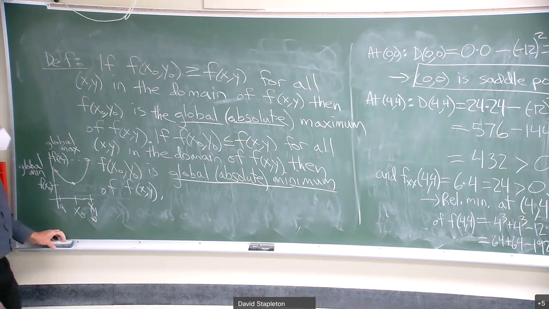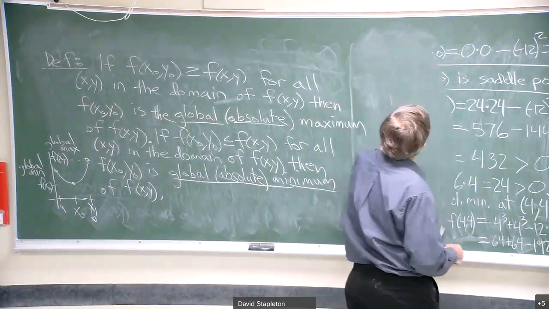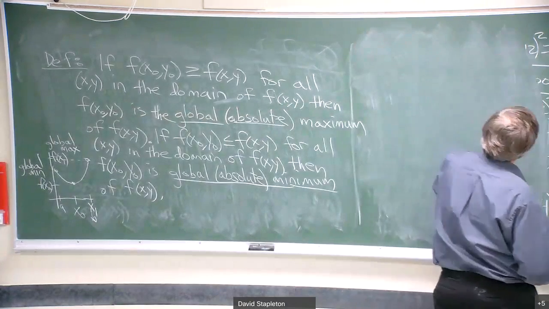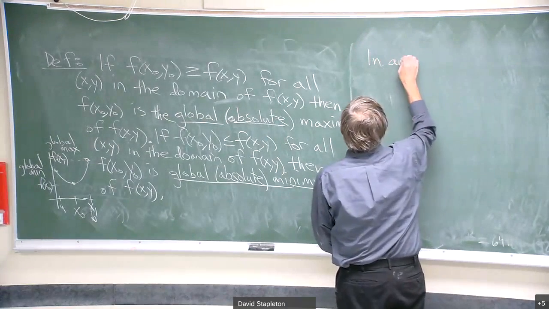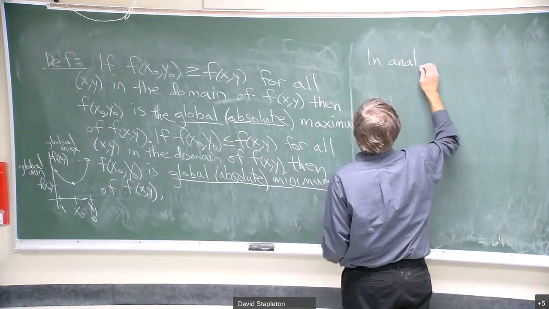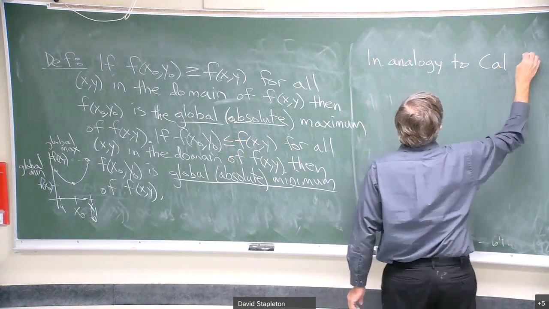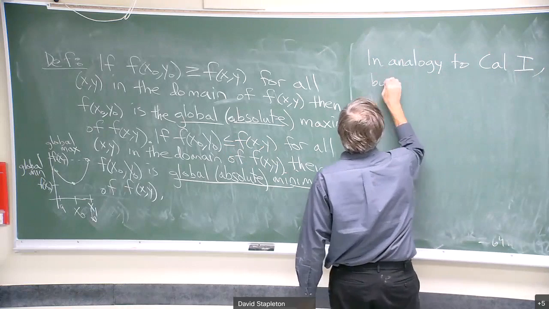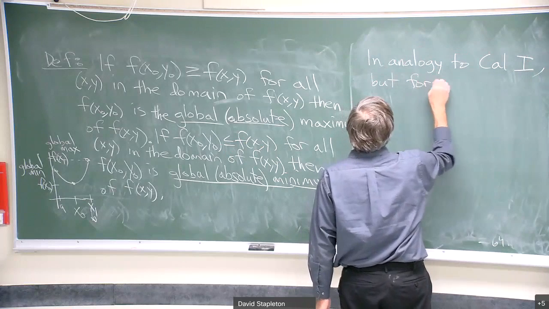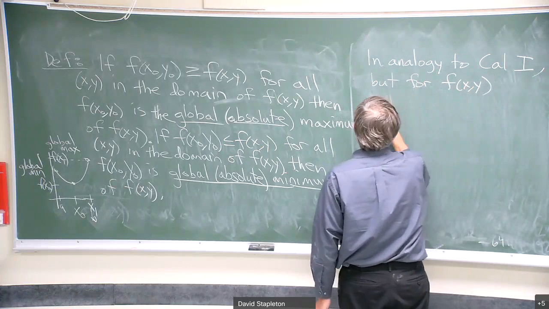There's a similar theorem for calculus 4 now for functions of two variables. So again, in analogy to calculus 1, I like that picture, hopefully it motivates this. But with more variables, function of two variables, we have this theorem.